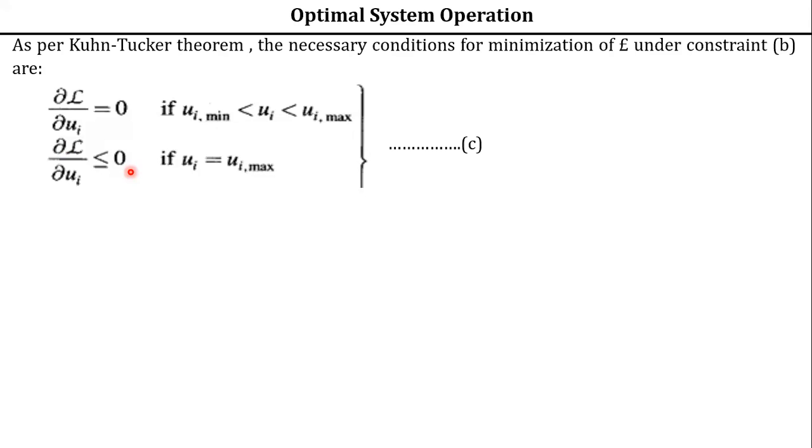Can anyone tell? Based on these conditions, your gradient is equal to 0 if it is lying within the limits, not an issue. But if it violates the maximum value, your control variable will be clamped at the maximum value and the gradient will be less than or equal to 0, meaning it will be negative. If it violates the minimum value, then what will be the gradient? Can anyone tell?